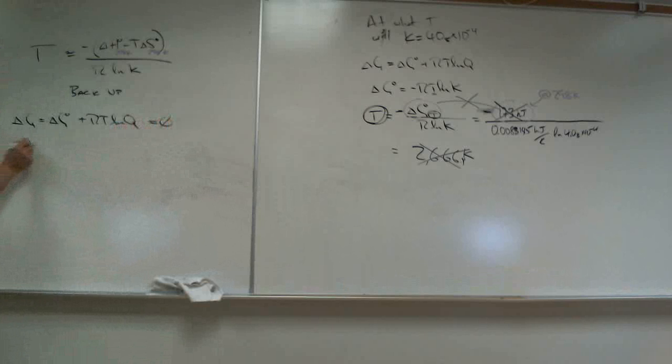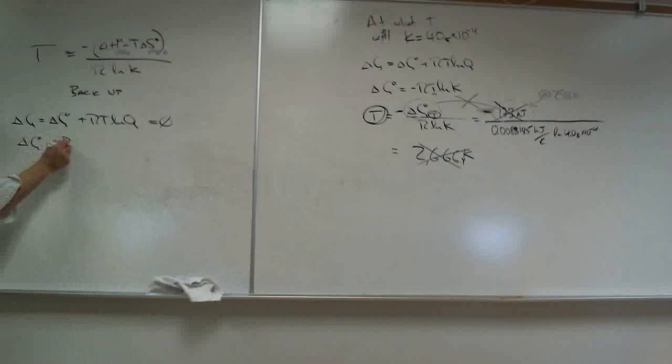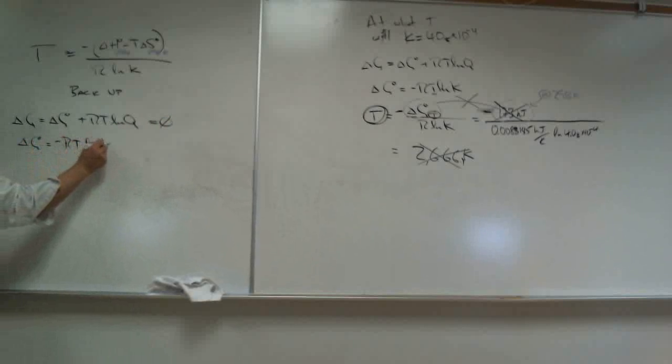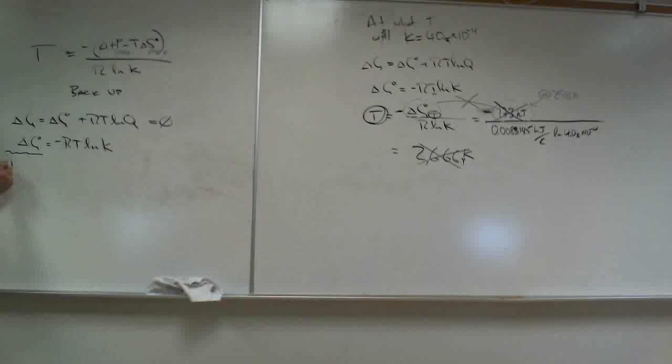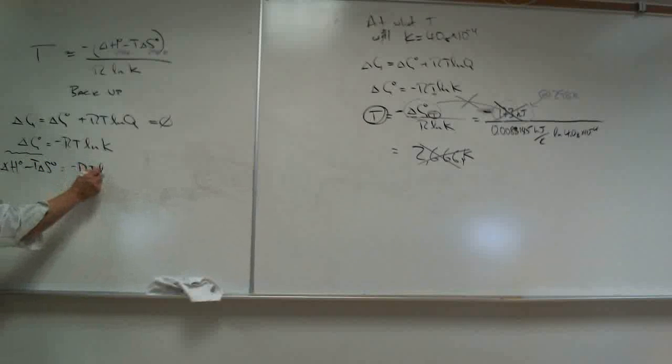And therefore, delta G naught is equal to minus RT ln of K. And then we substitute delta H minus T delta S under standard conditions, which is equal to minus RT ln of K.